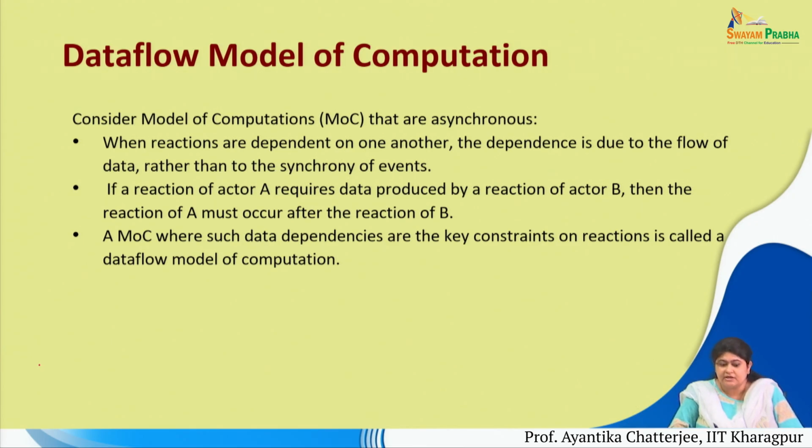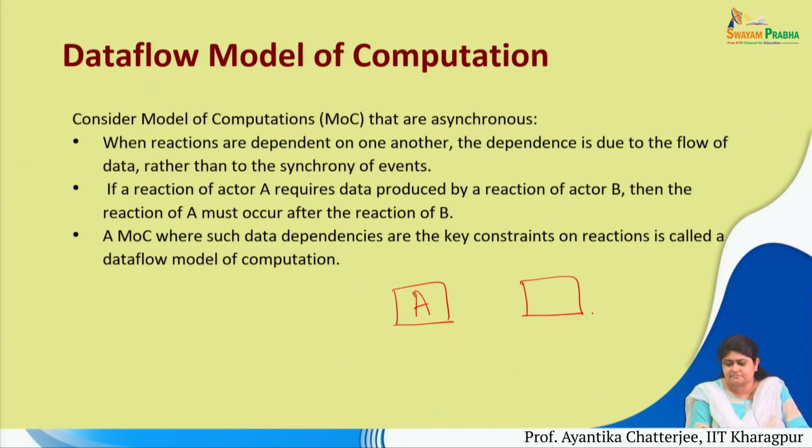That means, in short, let us say there are two actors A and B, and they are dependent on the data flow, like whatever data A is producing as an output should be taken as input by actor B.